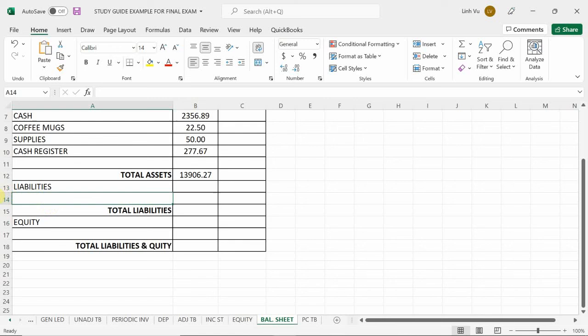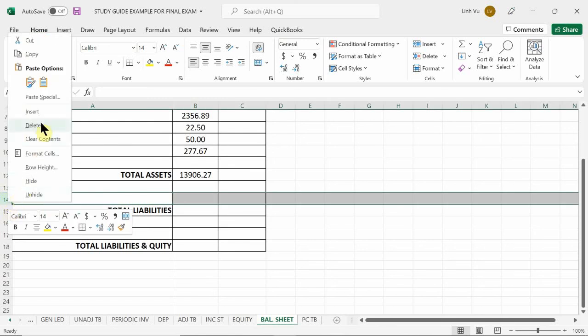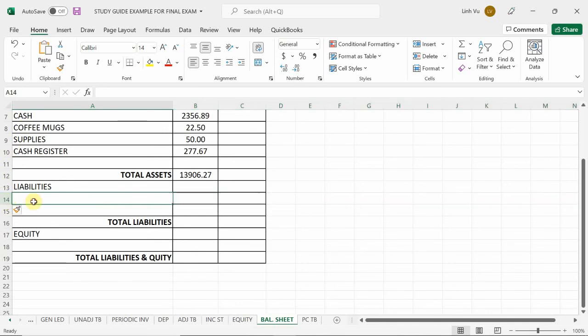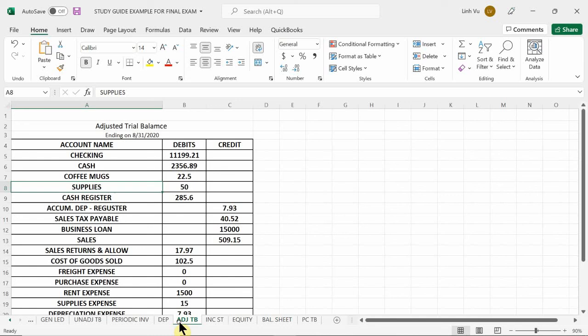Liabilities. Okay, I have a couple more liabilities in that. Okay, I think I only have two. Let's take a look at my liabilities. I have sales tax and I have my business loan. Okay.